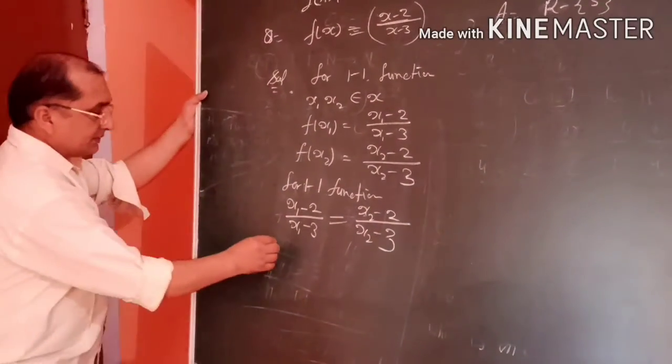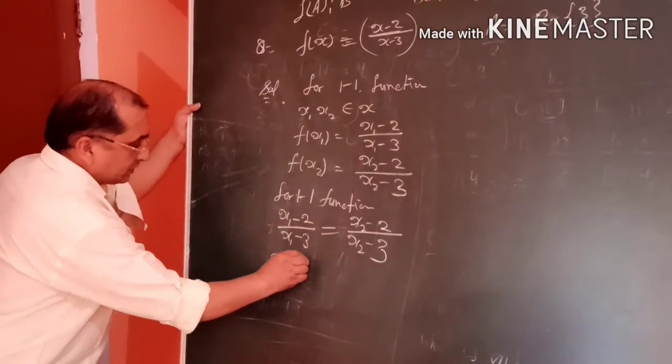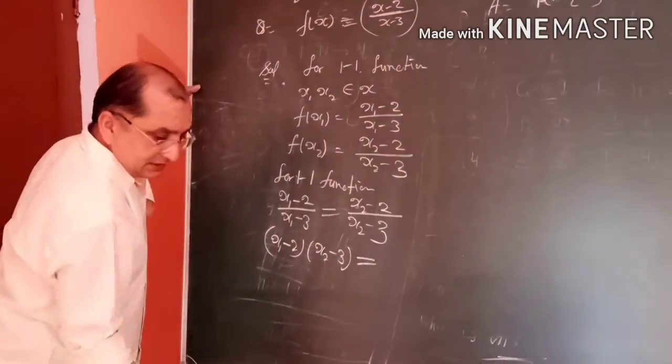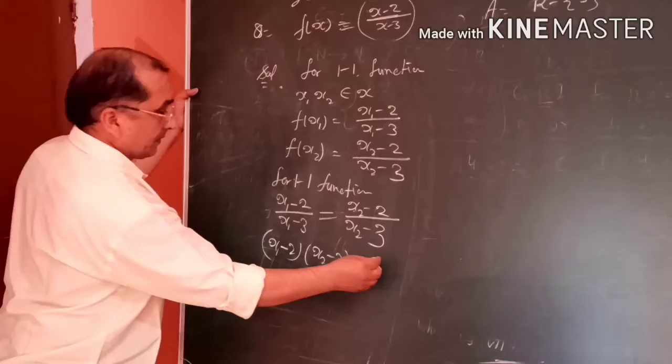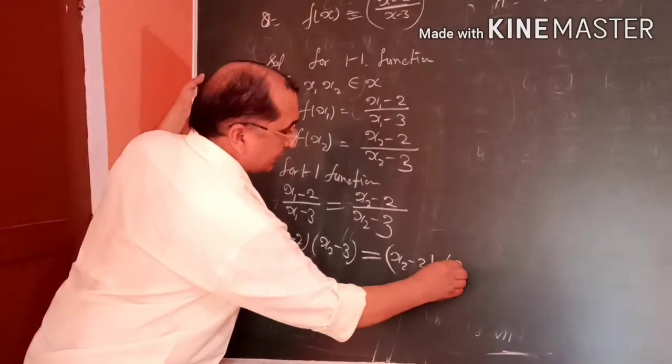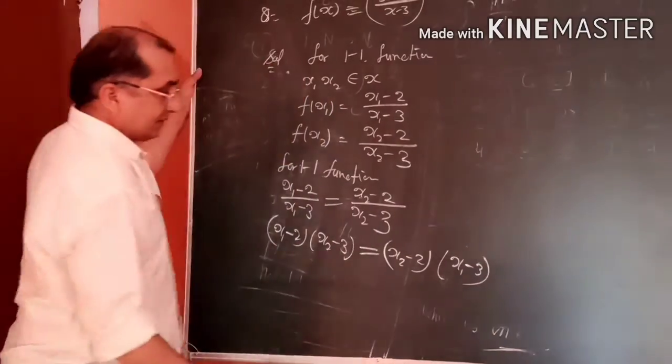Now solving both of them, x1 minus 2 into x2 minus 3 is equal to x2 minus 2 into x1 minus 3.